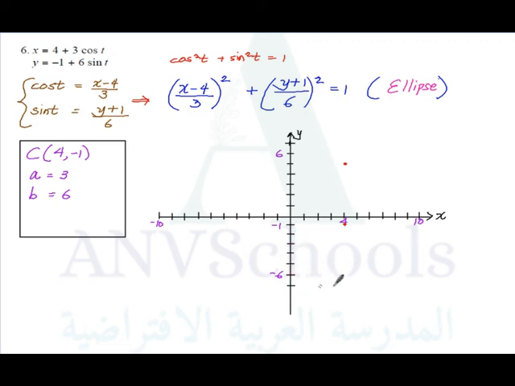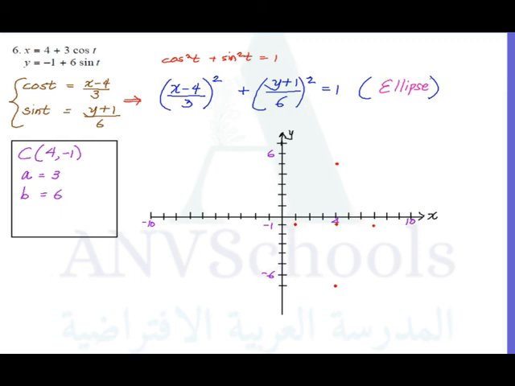So here. Okay? And for the horizontal stretch, the dilations are 3. So 1, 2, 3. So here. And now we've completed our ellipse. And we could now draw an ellipse.